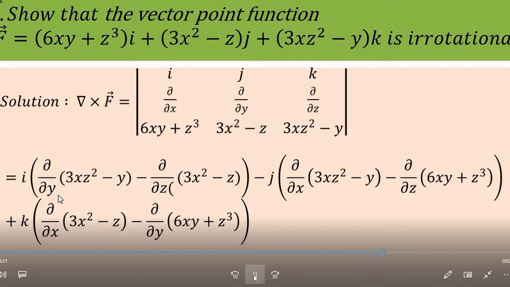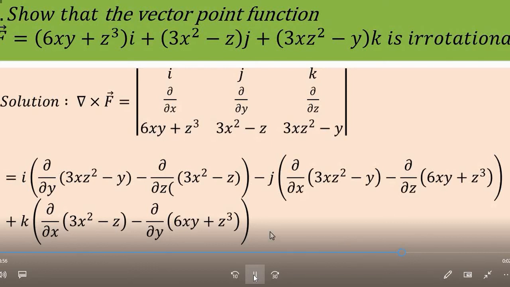i into dou by dou y of 3xz square minus y minus dou by dou z of 3x square minus z, minus j into dou by dou x of 3xz square minus y minus dou by dou z of 6xy plus z cube, plus k into dou by dou x of 3x square minus z minus dou by dou y of 6xy plus z cube.